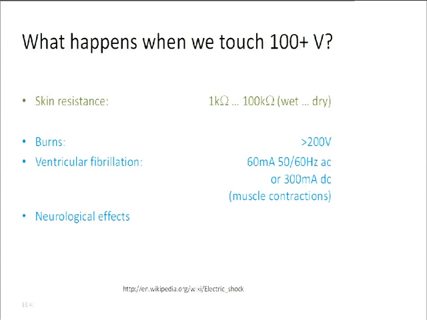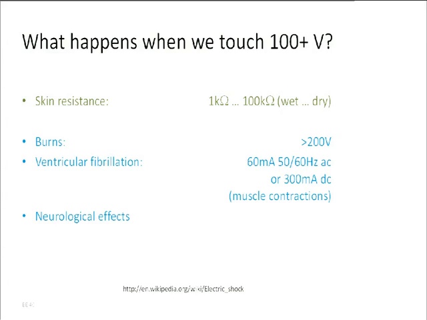Then there are ways to get your heart or other muscles to act up, and one of them is if you touch the 50 or 60 hertz and suddenly your heart locks to that frequency, and that is not very good. Also, if the current gets fairly large, several hundred milliamps, then your muscles contract, and that's very unfortunate because you can't let go, right?